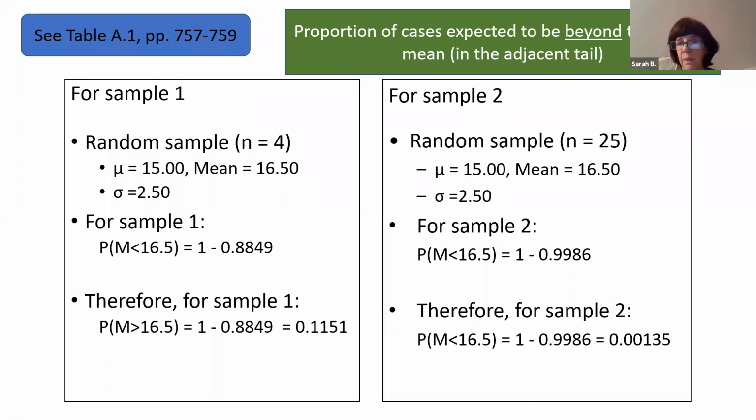That is about 11.5% of scores beyond that in the normal distribution.